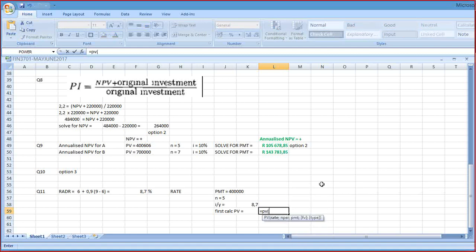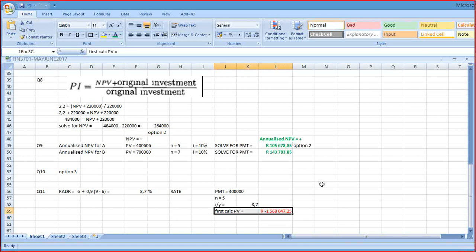So let's work that out. PV, open brackets, what is the rate? 0.087. What is my time? 5 years. PMT plus 400,000. No future value, close bracket, equals. There, that's it. So the present value of those cash flows taken back in time is 1,568,047.